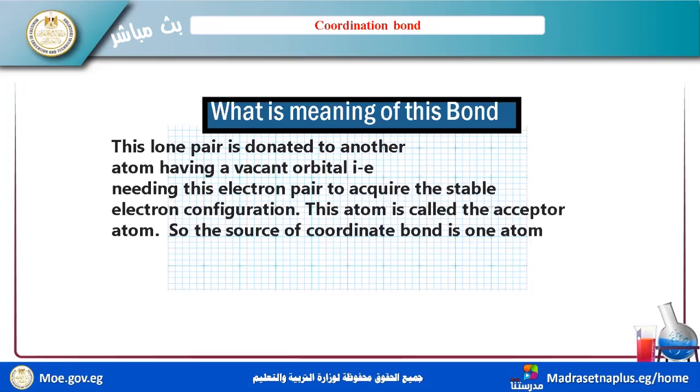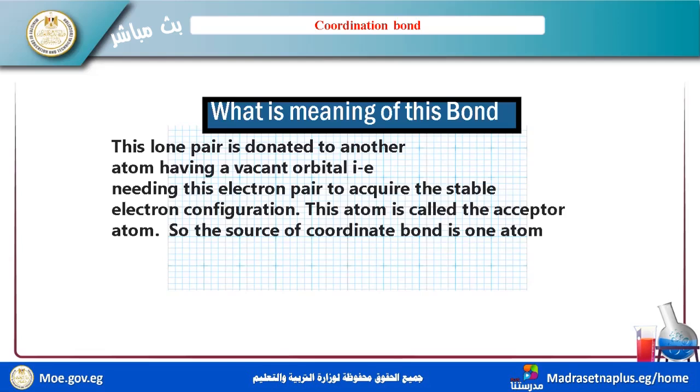This lone pair is donated to another atom having a vacant orbital, needing this electron pair to acquire the stable electron configuration. This atom is called the acceptor. So the source of the coordinate bond is one atom.